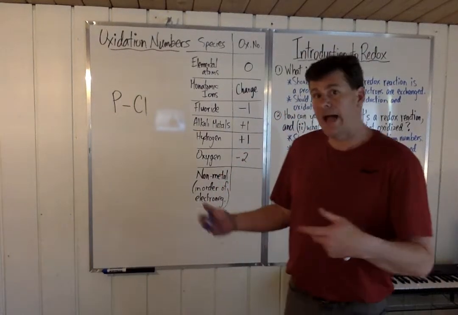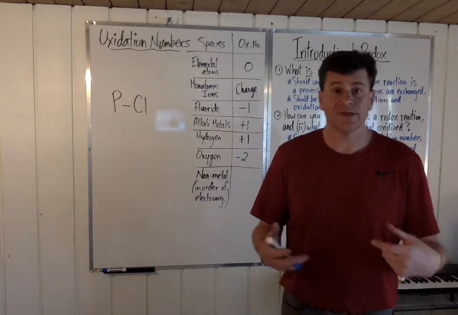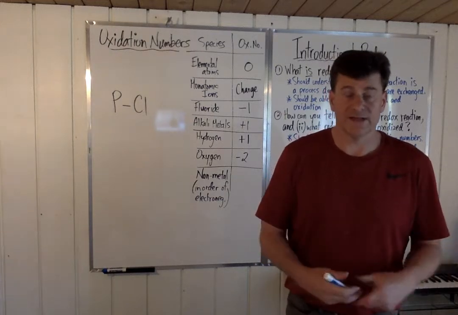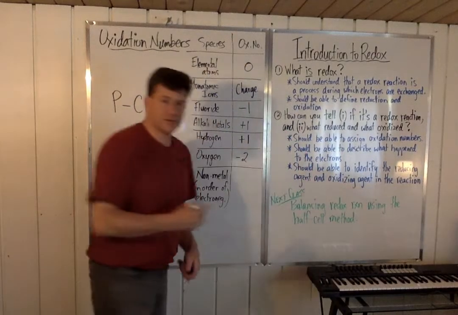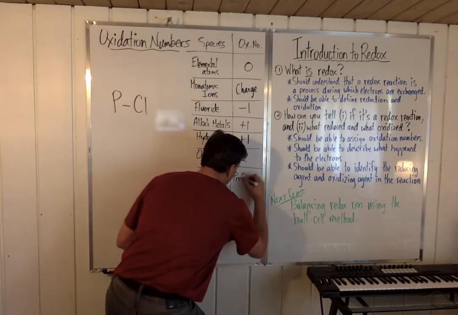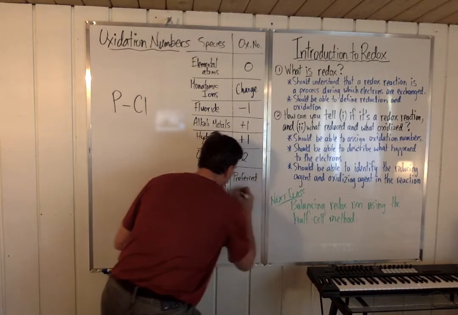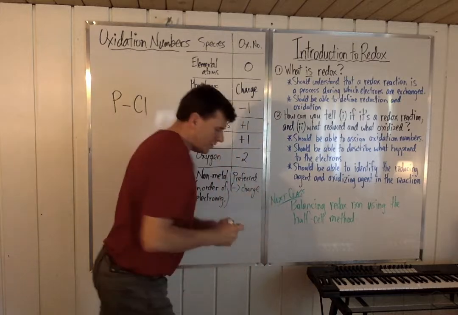Now, what oxidation number do you assign to those nonmetals in order of electronegativity? Well, you assign their preferred negative charge.